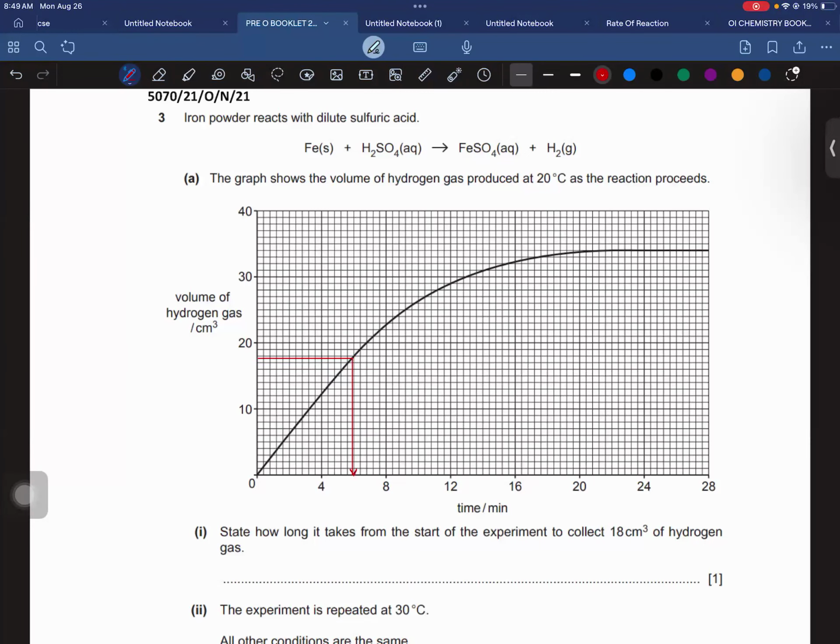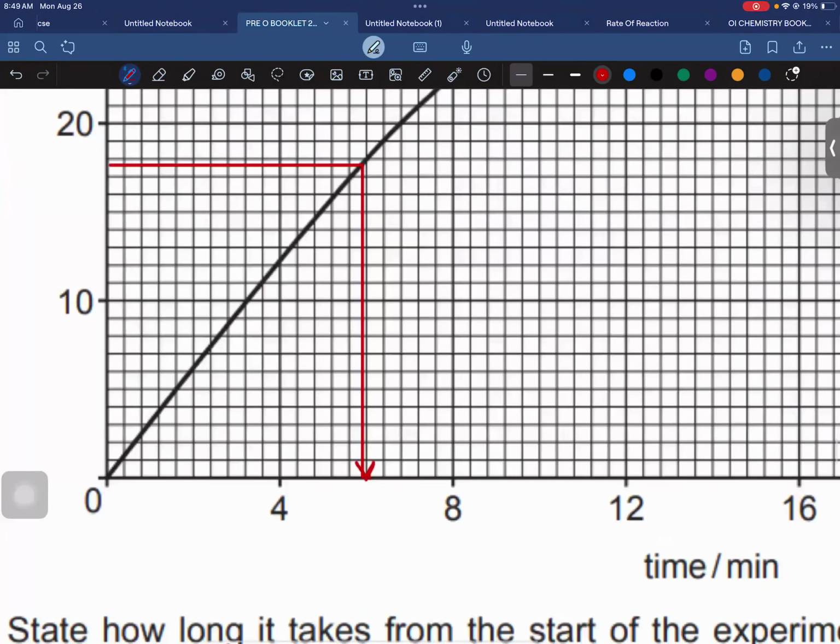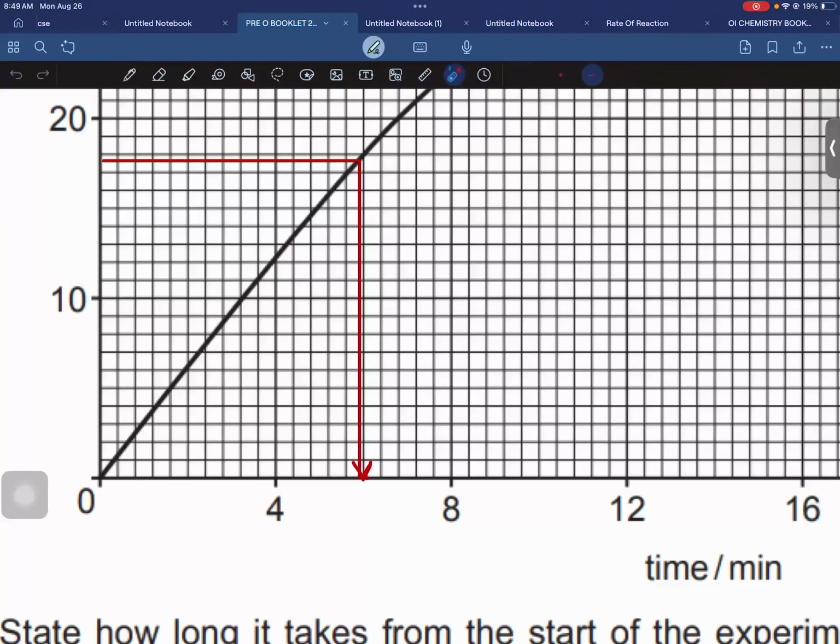If you can see this, 4 to 8, the difference is 4. And how many boxes do you have? 1, 2, 3, 4, 5, 6, 7, 8, 9, 10. So it should be 5, 6, 7. Am I right or wrong?